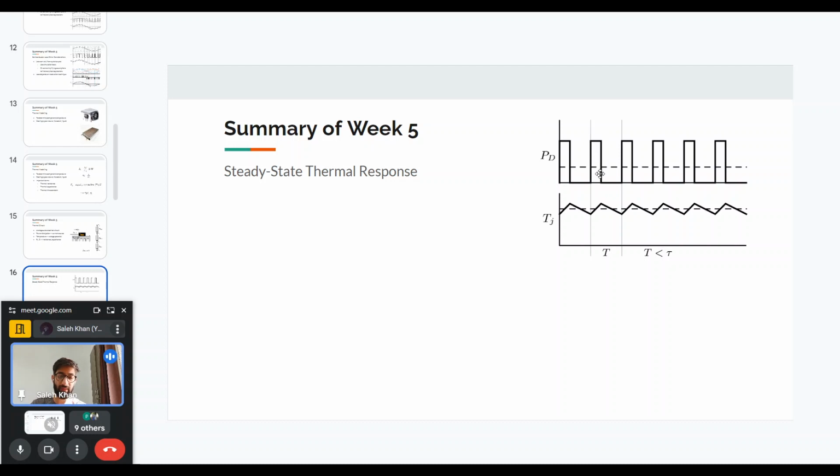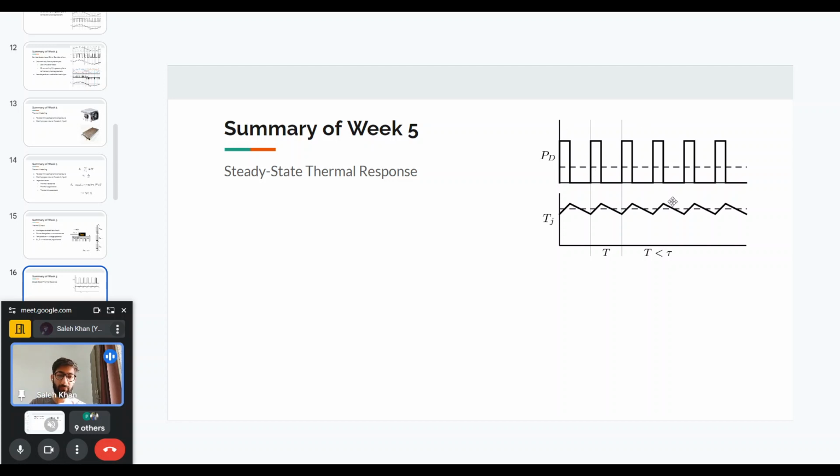So it will be like a train of pulses. And if we assume that the loading is constant, the voltages are constant, then the power loss will have a constant amplitude and the duration of the pulse will also be constant.